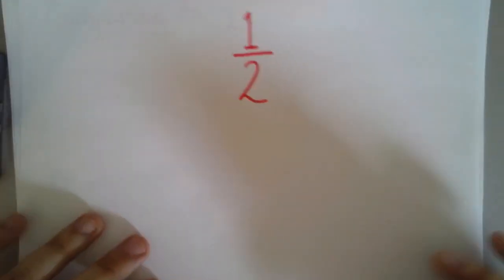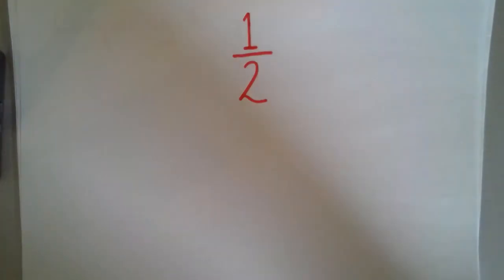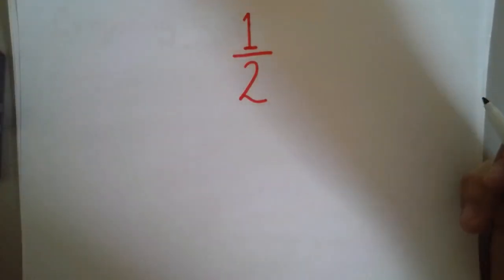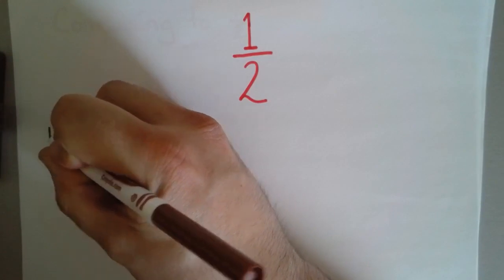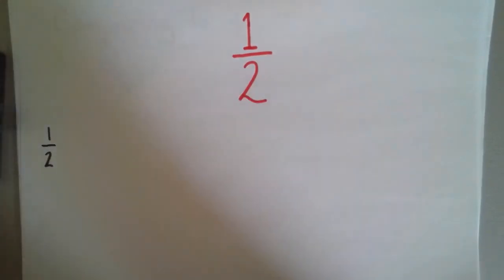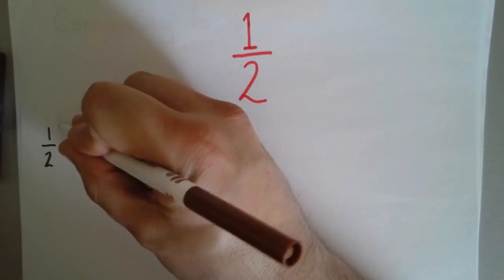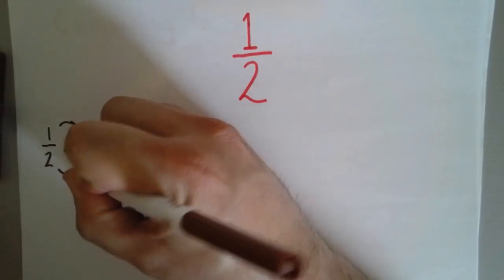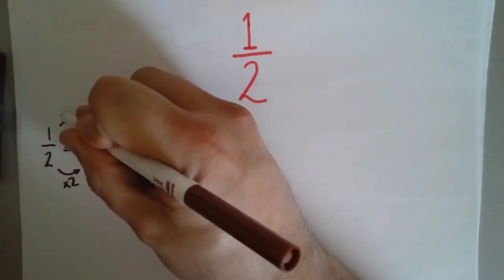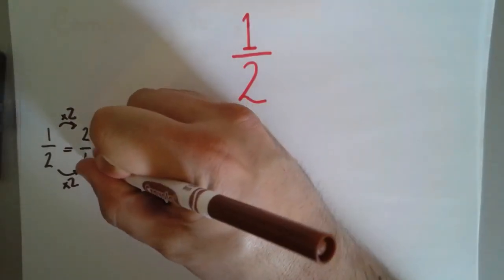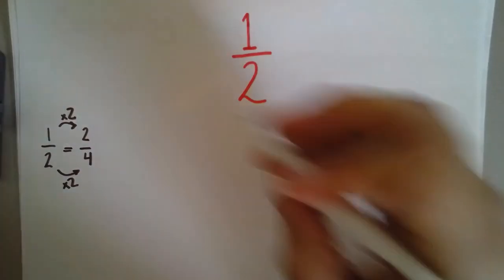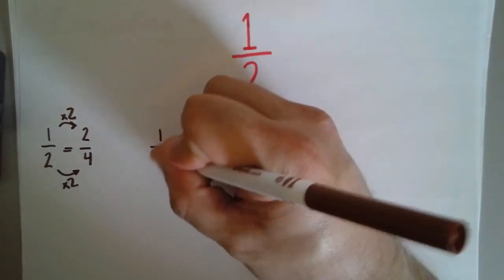If I'm looking at the fraction 1/2, what I can do is think about what are some other fractions that are equivalent to 1/2? And in a previous lesson, you learned about how to identify some equivalent fractions. But as a review, I can say 1/2 is equivalent to, let me multiply it, times 2 and times 2, 2/4.